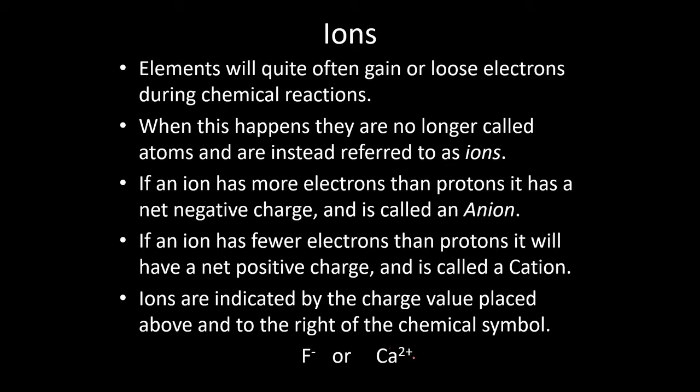And it is the common convention, I guess you could say, to put the number first. Now, if you just have one, you can just put a single plus sign or a single negative sign. But if you have more than one, so you have 2 or 3 charges, if you have 3 negative, for example, it would be 3 negative there.